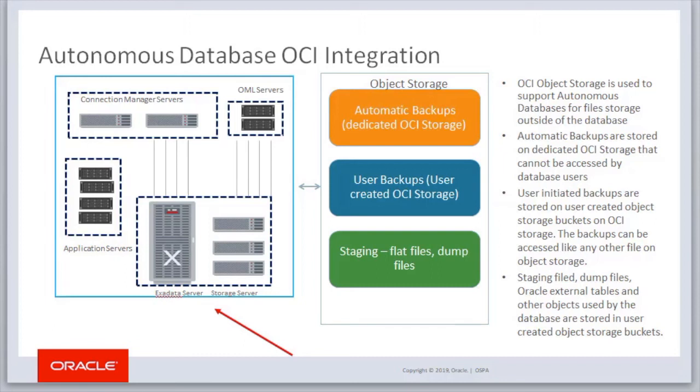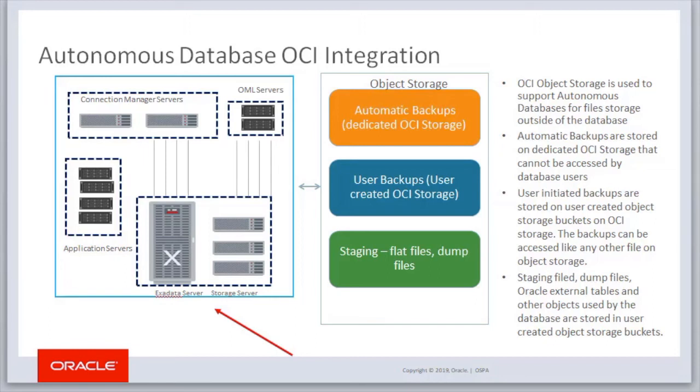However, Autonomous Database allows users to create their own additional backups for other operational purposes, including point-in-time recovery if needed. Those backups need to be stored in a user-defined OCI Object Store bucket. Buckets and credentials need to be defined by the user, and those sets of backups are user-maintained. The backups can be accessed like any other file on Object Store.